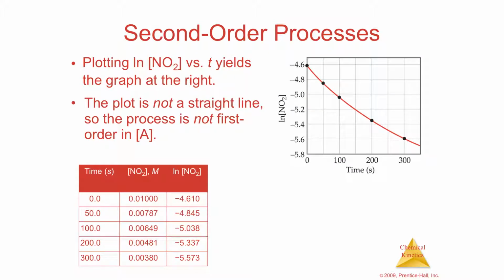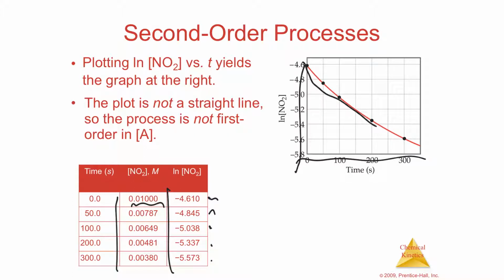So now I have the natural log of this concentration. I'm going to put time on the bottom and natural log on the side, and I graph it. Now I'm looking for a straight line. Well, I don't have it. If that's not a straight line, then it's not first order.